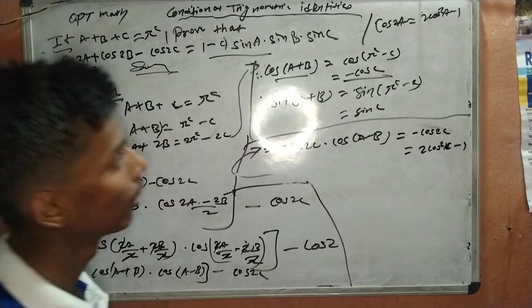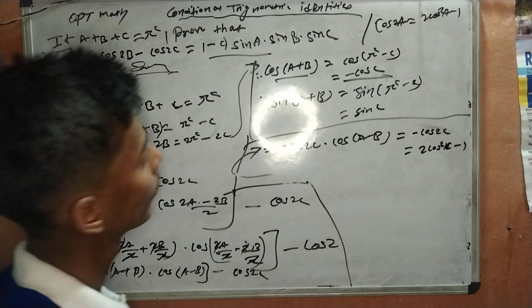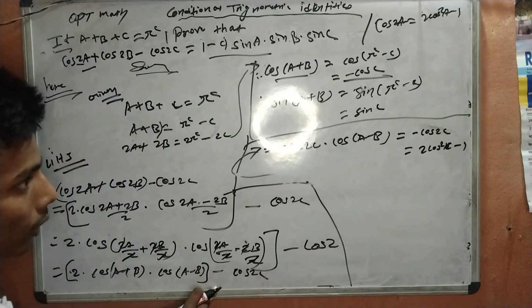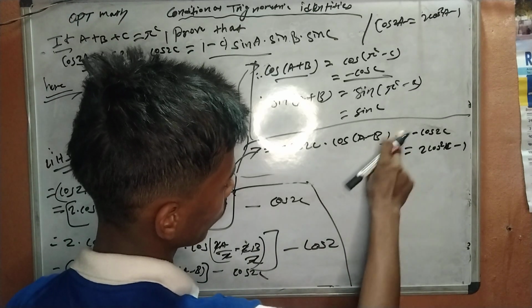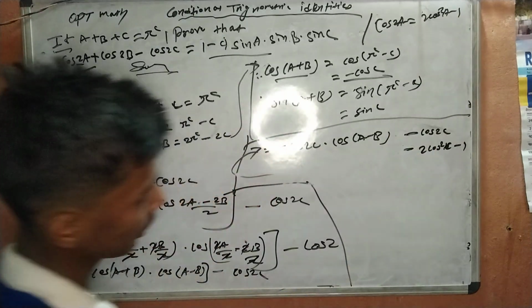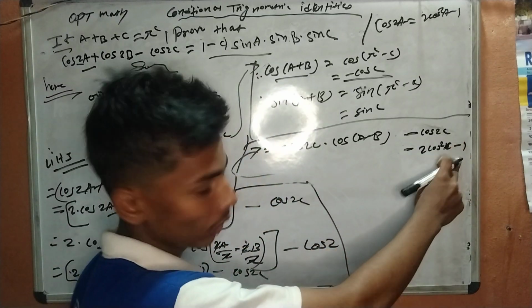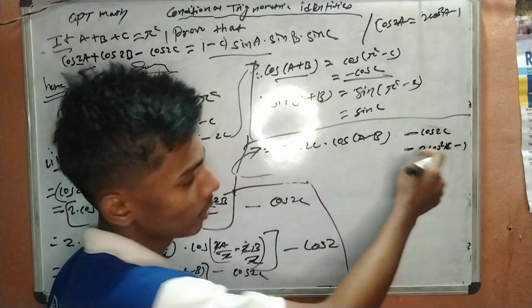So do you understand, all of my friends? I hope you understand. Let me save that. Here I am not writing is equal to, just minus, and here is also minus. If there is a minus and then another minus in the bracket, it will be plus.